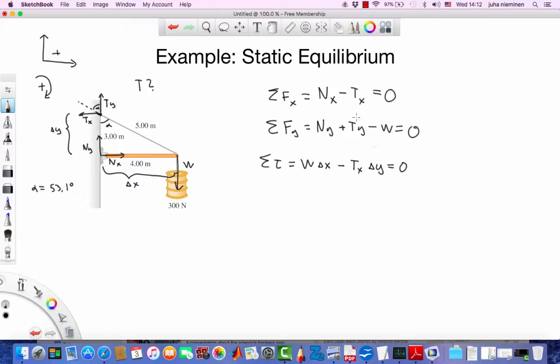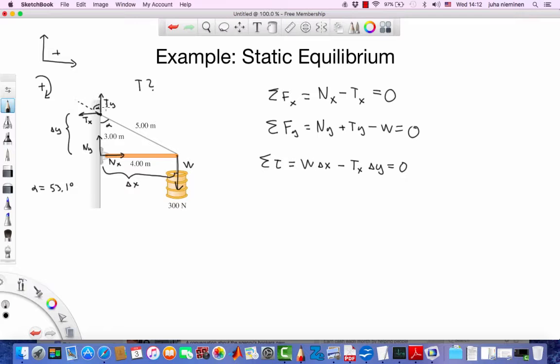So what do we have? How many unknowns? nx, tx, ny, and ty. So we have 4 unknowns and only 3 equations. Luckily, we know the direction of the tension force, because in a rope or a cable it's along the direction of the rope.